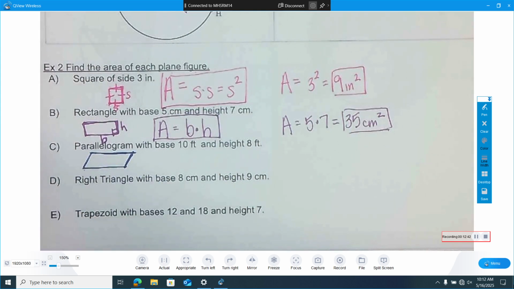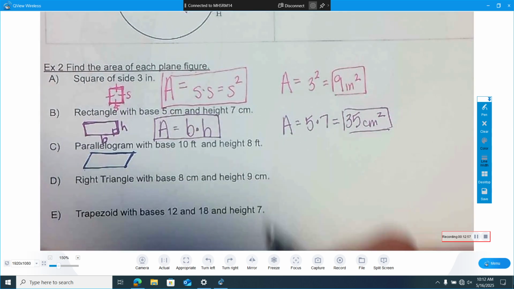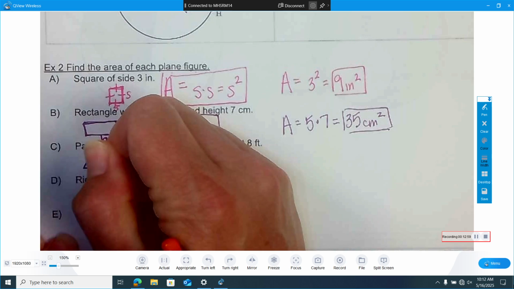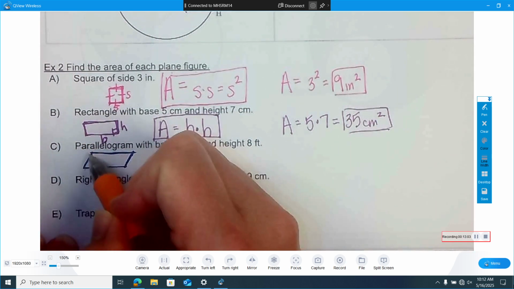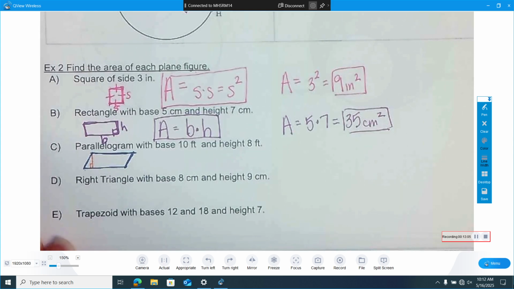I drew a picture of a parallelogram. Does it look different than a rectangle? Yeah, a little. Okay, it's a little slanty, yeah? So here's the thing, though. You can imagine if I were to take a parallelogram and drop down in altitude and cut that little triangle off.